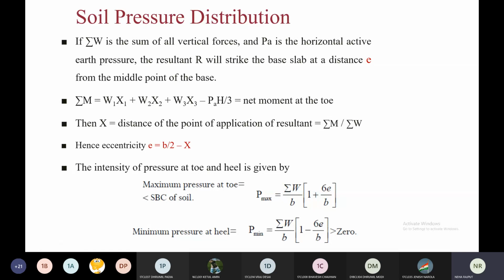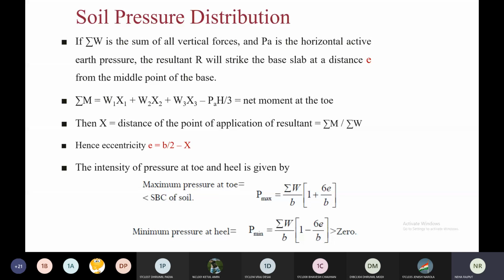To check whether the uplift pressure is acting on your retaining wall or not, the condition is that your Pmax is always less than the safe bearing capacity of soil, means maximum pressure should always be below the safe bearing capacity of soil, so that it will not lead to failure of the base slab.